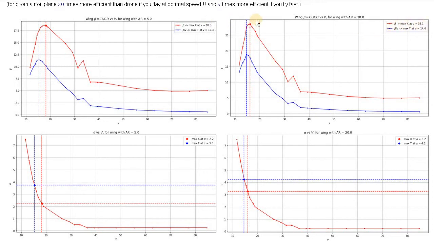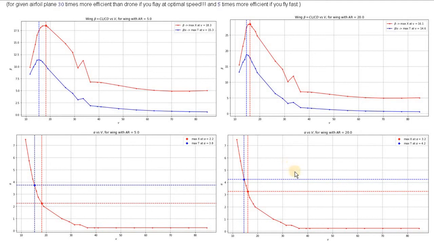Let's say in this case, for the maximum flight distance, we would have to have 16 meters per second speed, whereas if you have a shorter wing with aspect ratio 5, you need a higher speed, 18.3 meters per second. So for the longer wing we have a smaller optimal speed. As a result, we have a higher angle of attack. In this case we have 3.2 degrees, whereas for the aspect ratio 5 wing we have 2.2 degrees. So we have smaller speed, and we also have higher angle of attack as a consequence.